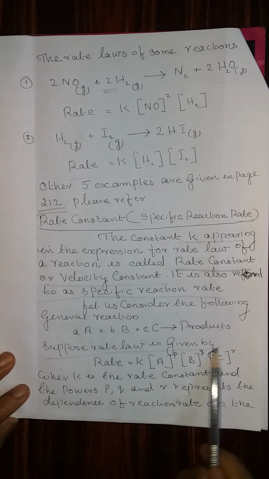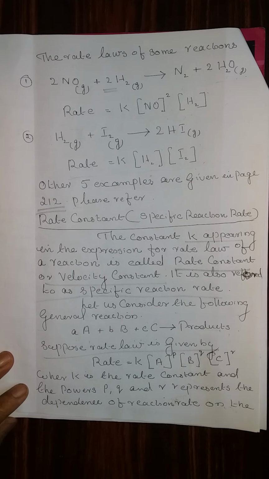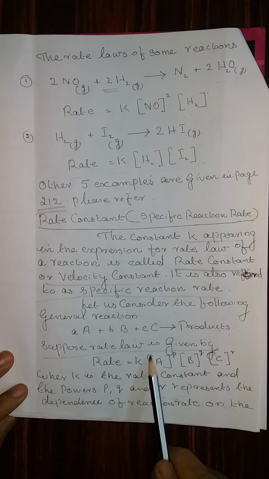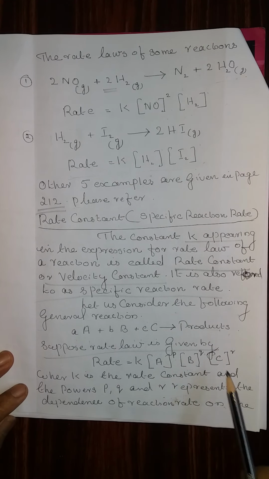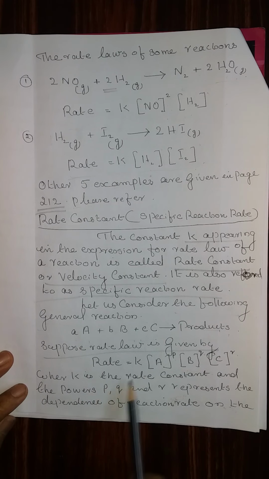Suppose the rate law is given by, that is by experimental determination, we determined p, q and r: rate = k[A]^p[B]^q[C]^r, where k is the rate constant.